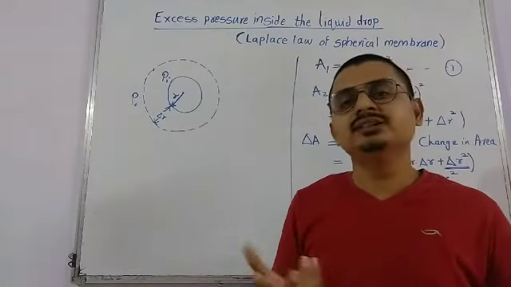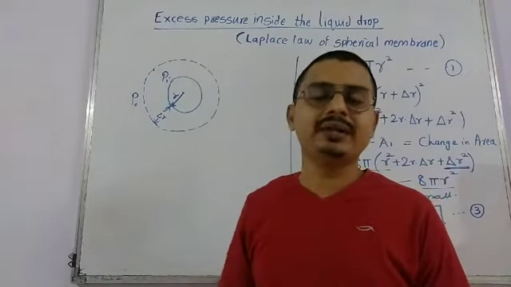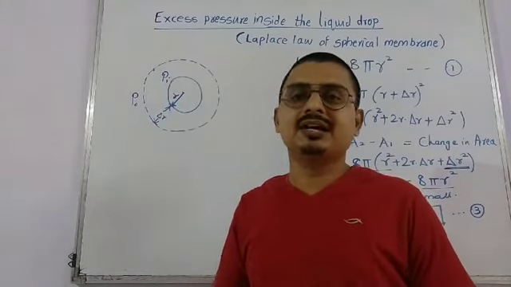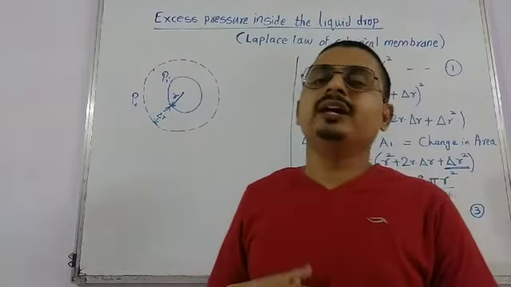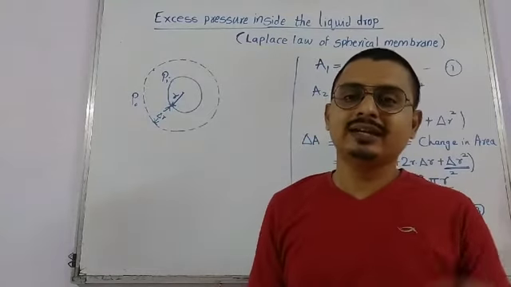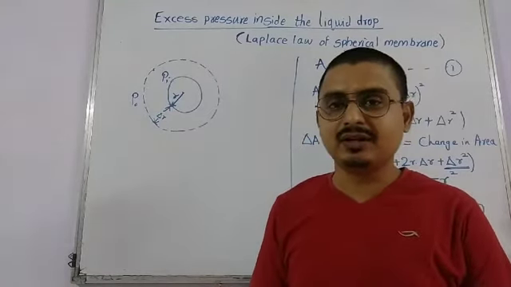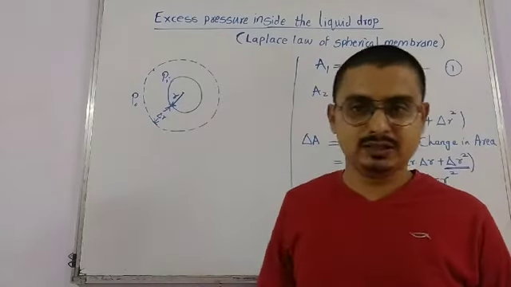So when this soap bubble or a drop gets expanded due to the excess of pressure, इनसाइड प्रेशर ज़्यादा होने की वजह से आउटसाइड प्रेशर से ये सोप बबल या ड्रॉप ट्राई टू एक्सपांड. Okay, so the relation between this excess of pressure and the surface tension is given by this Laplace law.